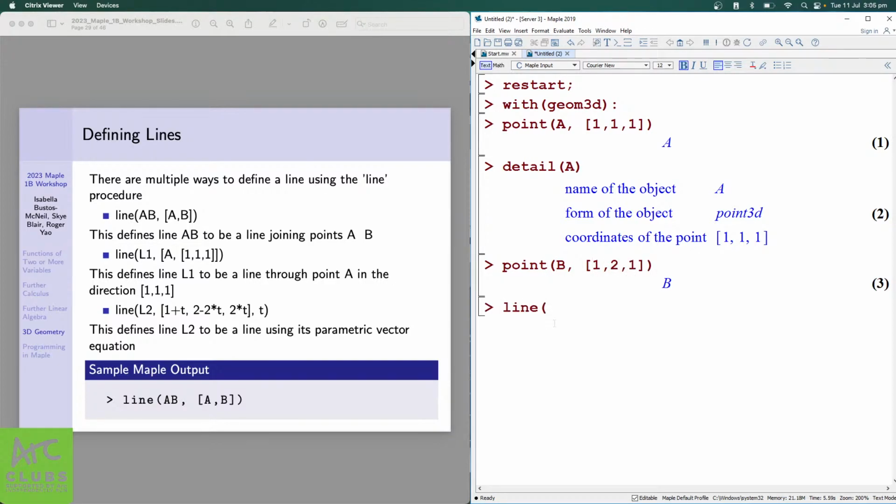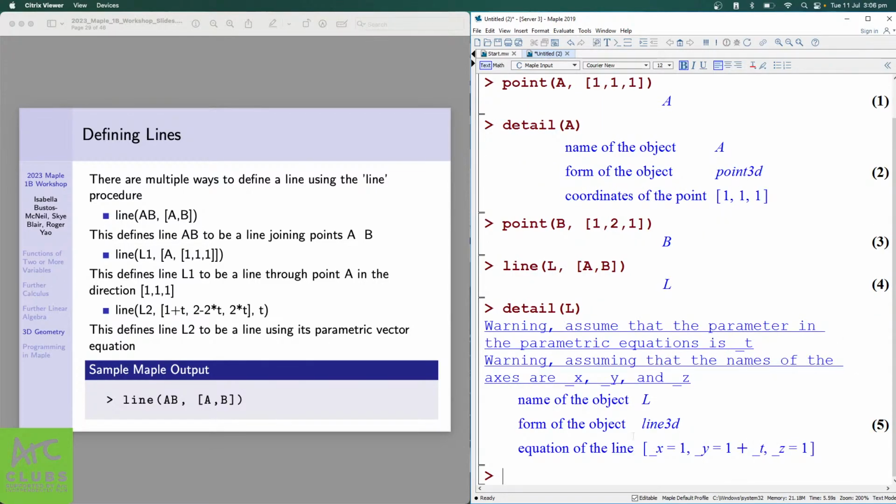Let's call this L, that passes through A, B by doing line bracket L. So the L is the name of my line, and A, B are the 2 points that my line passes through. And just like what we did with point, we can also use detail to find some information about the line that we've created. So we found that its name is L, it has a form 3D line, and we can also find its equation: x equals 1, y equals 1 plus t, and z equals 1.